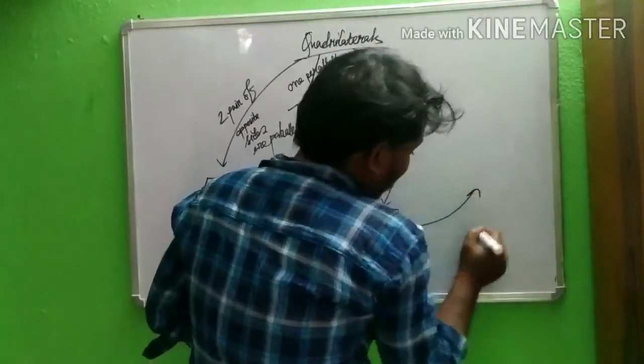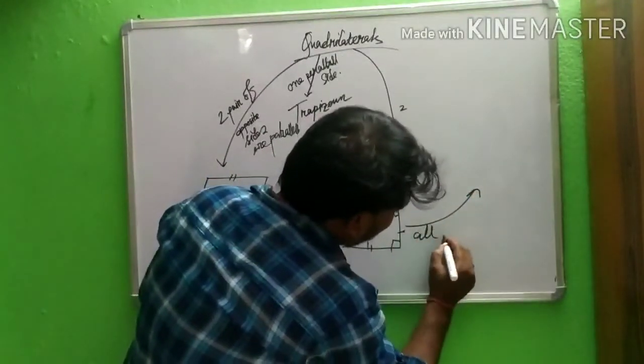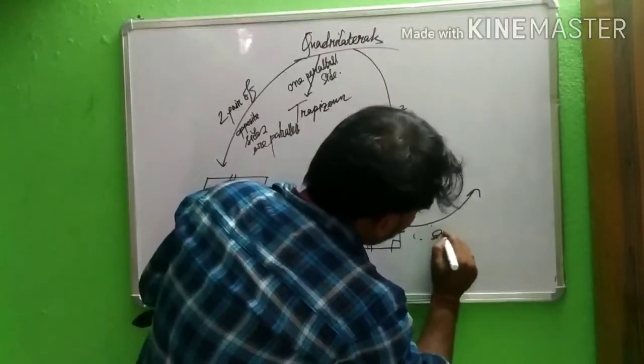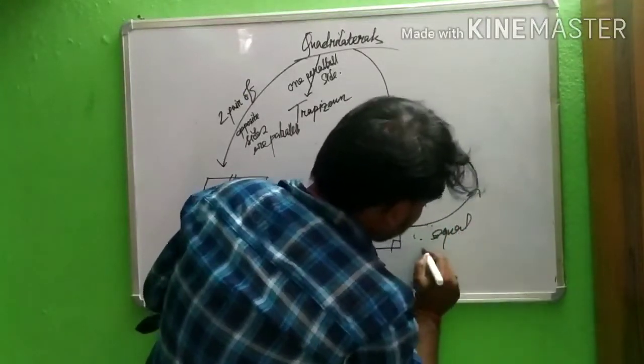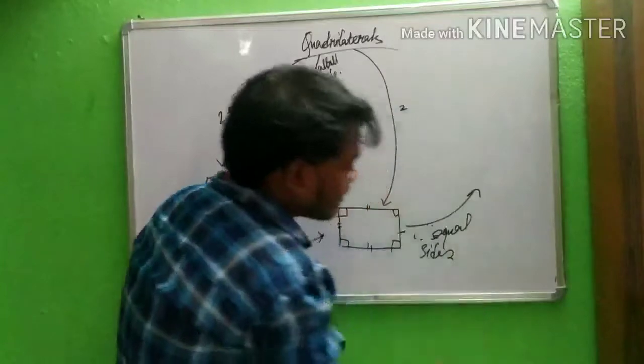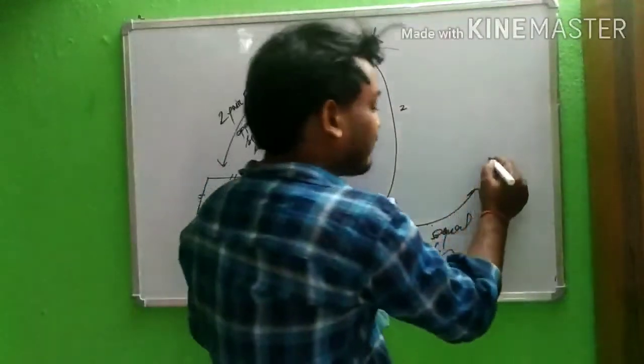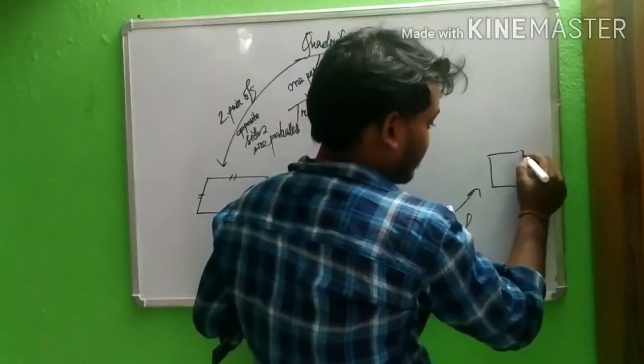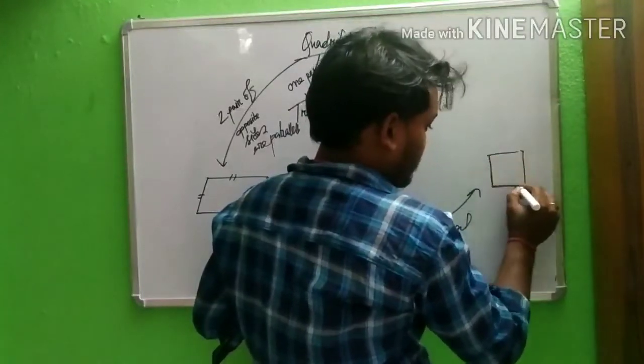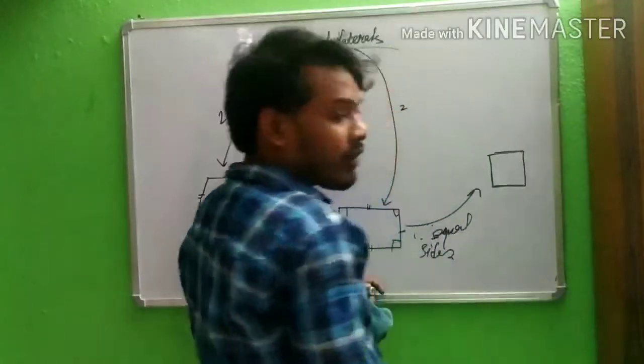From here, if all sides become equal, then it becomes a square.